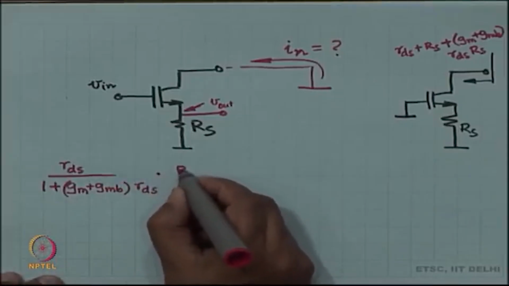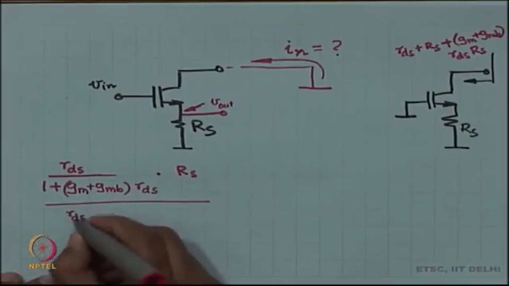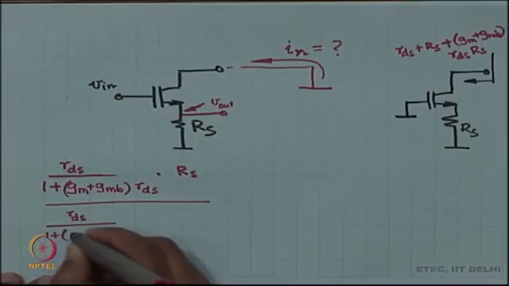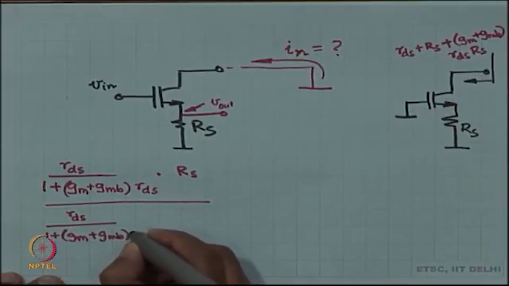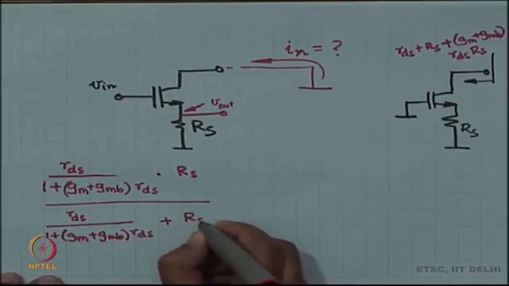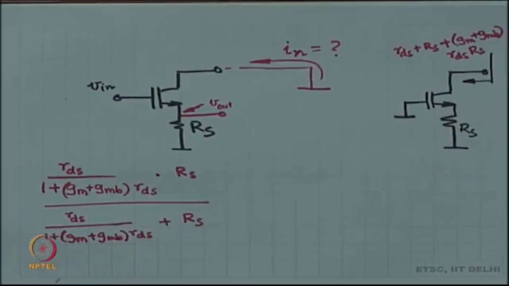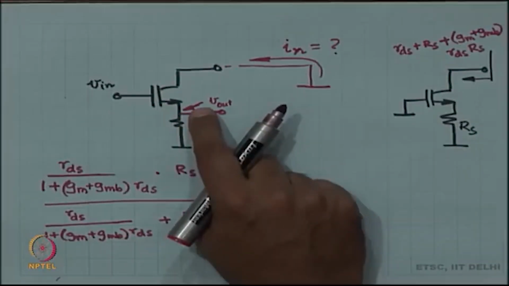So, this times RS divided by something like this. This was the impedance over there, right. That is done. I am trying to find out this voltage.